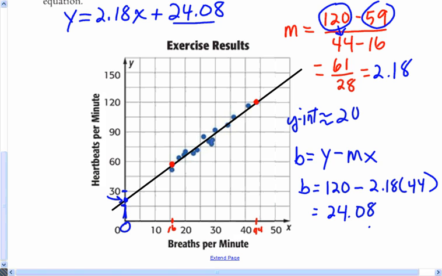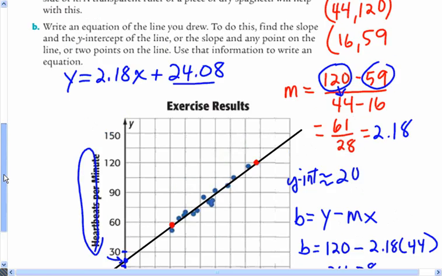And then my slope of 2.18, that means every time my breath increases by 1, my heart beats go up by 2.18 beats per minute.